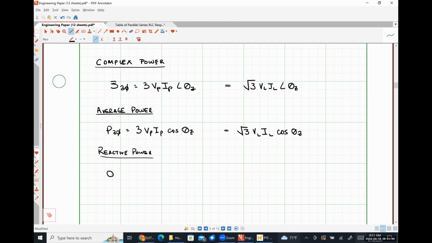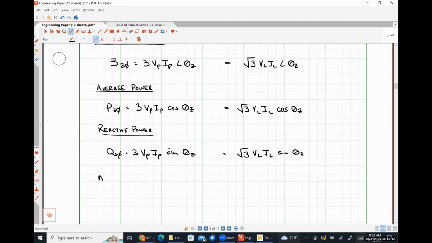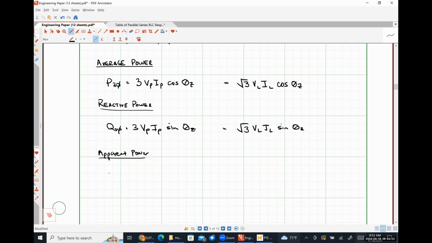So that's going to be Q three phase is 3 VP IP sine theta Z, or root 3 VL IL sine theta Z. Our apparent power is just the magnitude of our complex power.